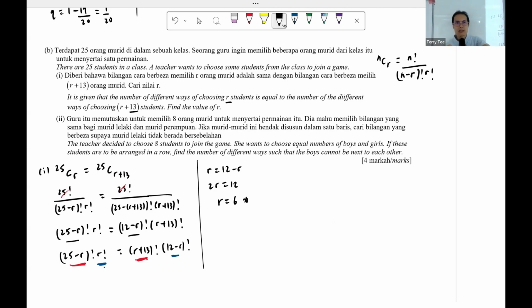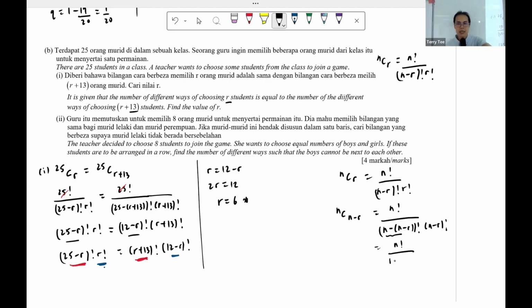But you need to remember this, that when you do nCr, right, guys? First you need to understand your concept. It is n factorial over (n minus r) factorial, r factorial. And if I give you nC(n minus r), this would be n factorial over (n minus (n minus r)) factorial, and the (n minus r) factorial. So you see, the minus, you cancel the r. This one cancels the n. Your r becomes positive, right?